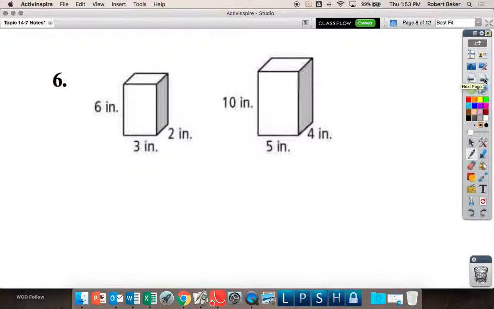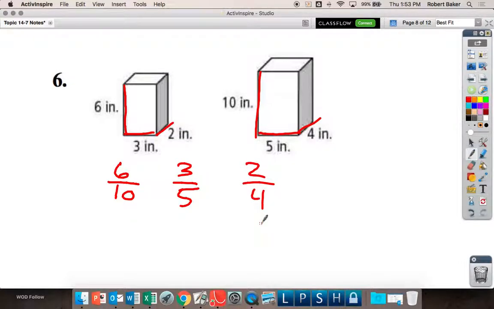Are these shapes related? You have to take all the parts of these shapes and compare them. Height over height. It's not related. Width over width. Depth over depth.